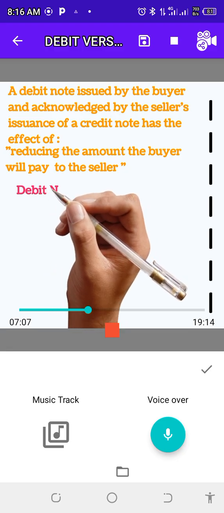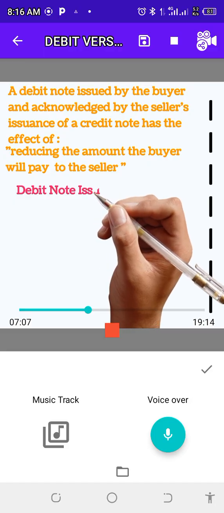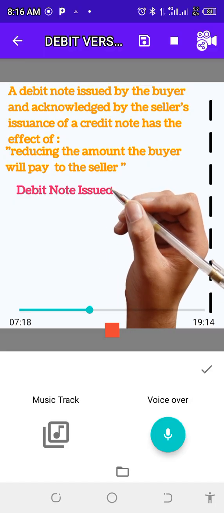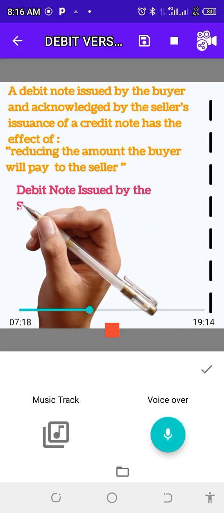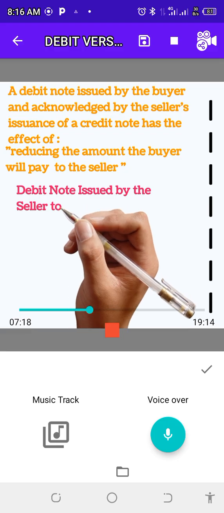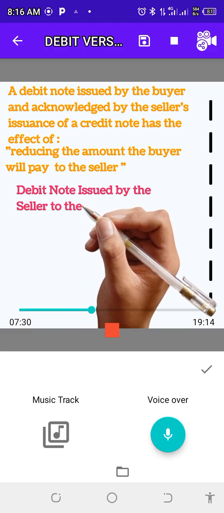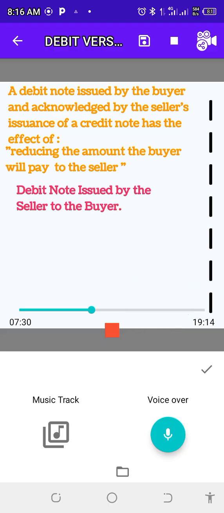When a seller issues a debit note to a buyer, the seller is reporting undercharge, and it does this for two reasons: when there is undercharge to the buyer, or when it supplies additional goods or services to the buyer.